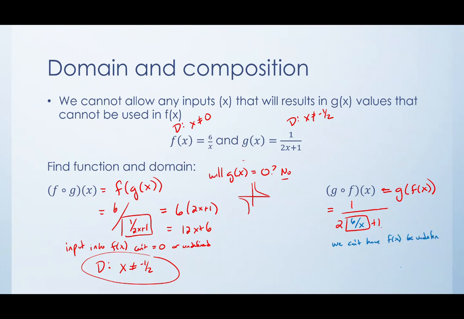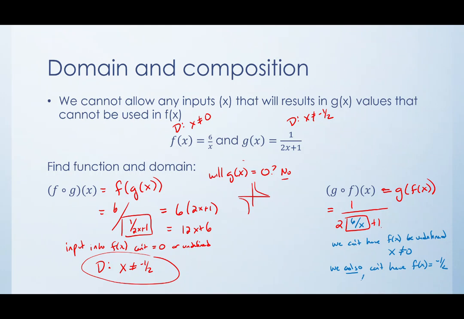So we're going to have to throw out 0, but we also can't have f of x equal to, what was it, negative 1/2, because that would cause a divide by 0 error with g of x.